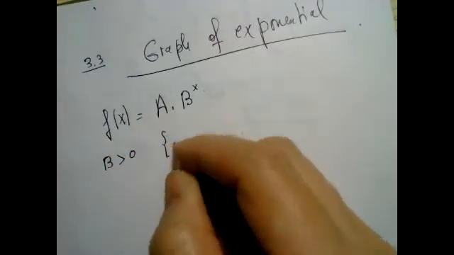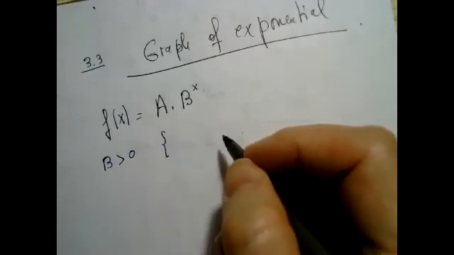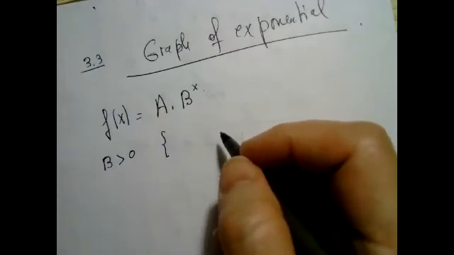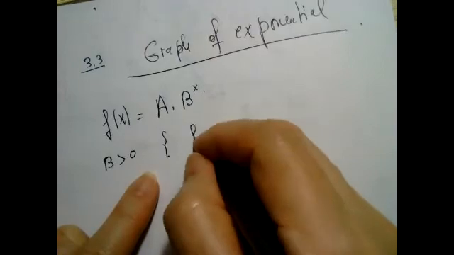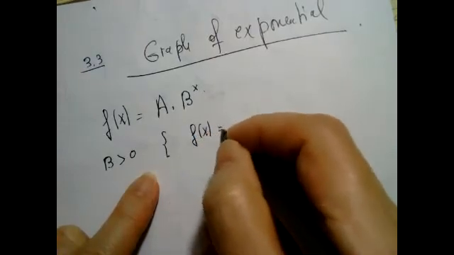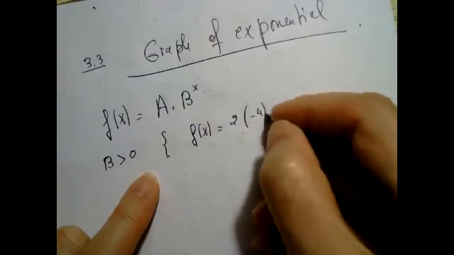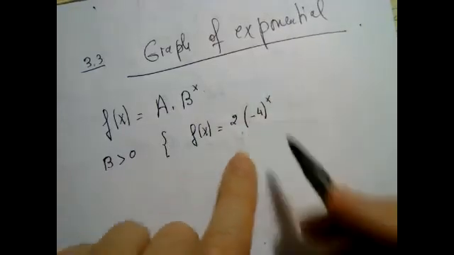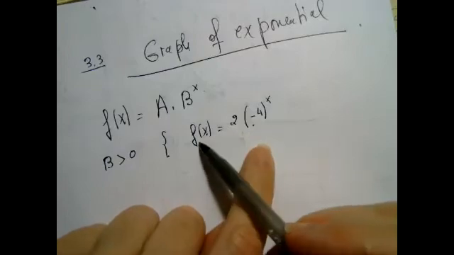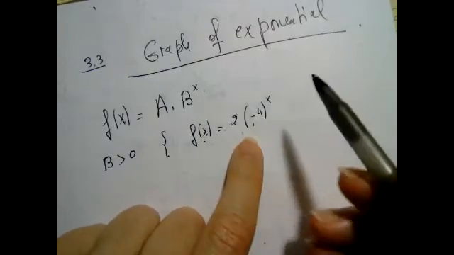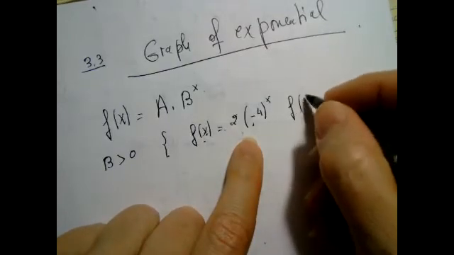Let me explain why a negative b doesn't make sense. So why we cannot have something like minus 4 to the power x. The reason we cannot have b negative is that if I put f of x equal that, then this does not always make sense.